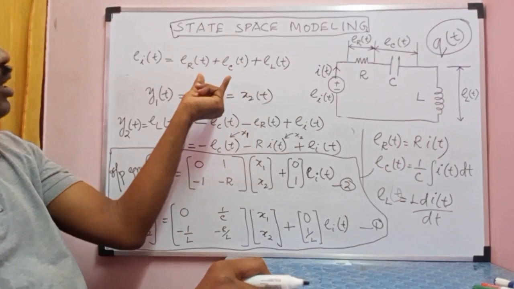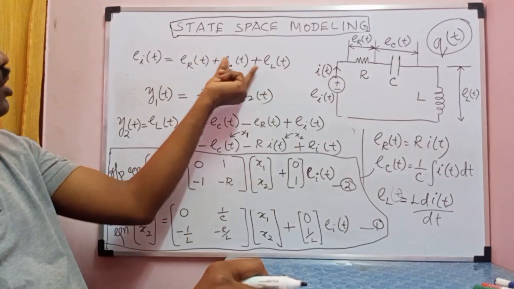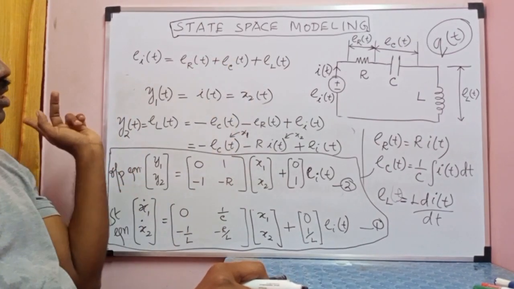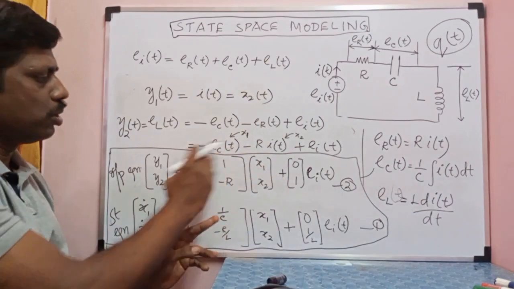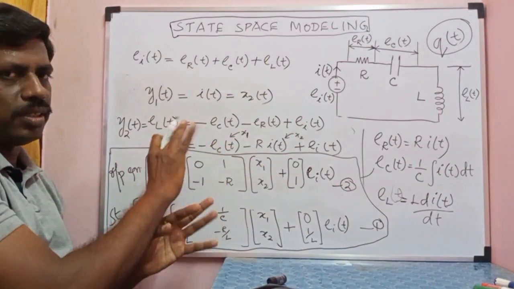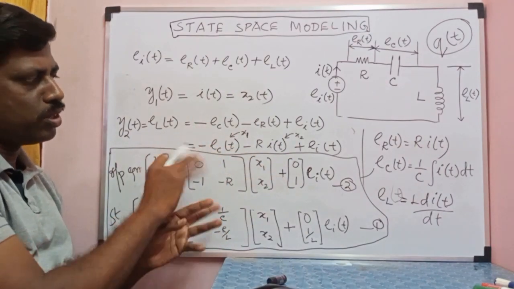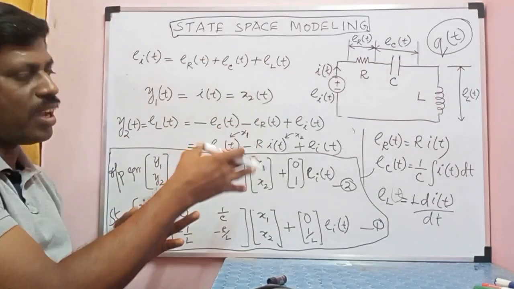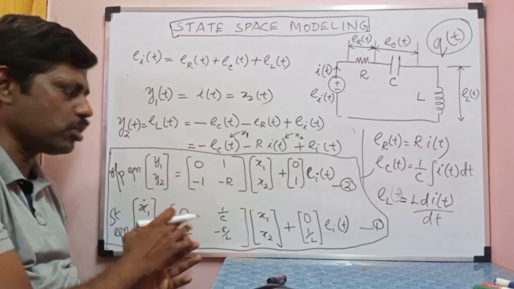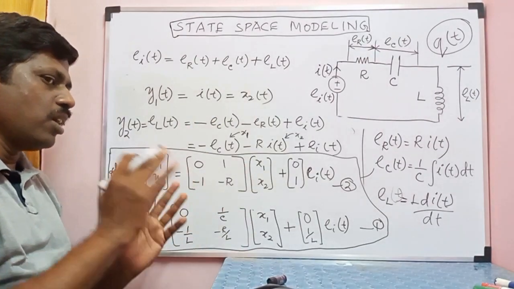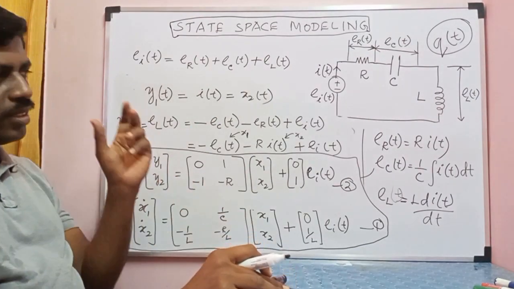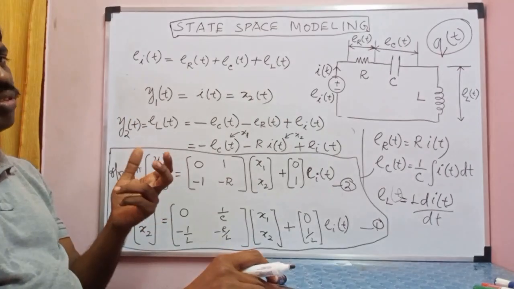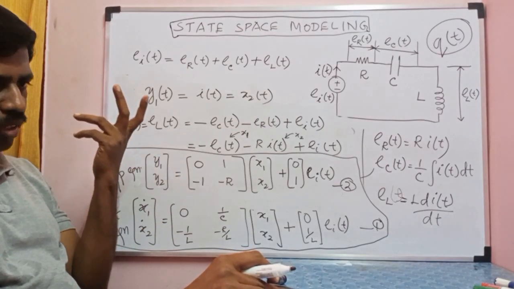In that case, ER of t plus EC of t is equal to EA of t minus EL of t. So that is how you have to change. Your matrices will change depending upon the outputs you choose and the state variables you choose. So the bottom line is the state space model is not a unique one.